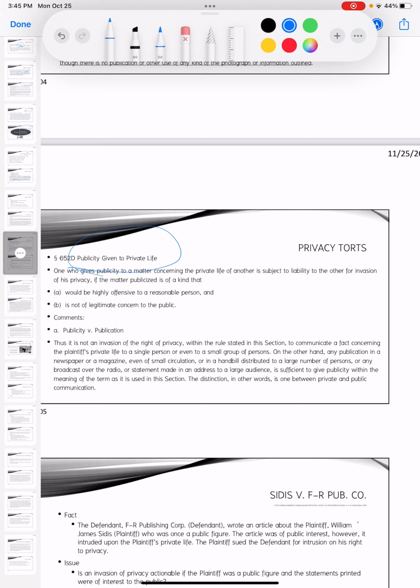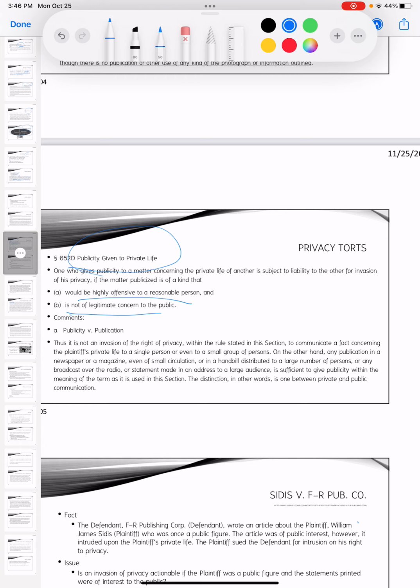This is the law in the US, and next we're gonna see that it is really similar to what we have in Thailand. So publicity given to private life says that one who gives publicity to a matter concerning the private lives of another is subject to liability, right? It's liable to the other for invasion of his privacy if the matter publicized is of a kind that, A, would be highly offensive to a reasonable person. Second, it's not of legitimate concern to the public.